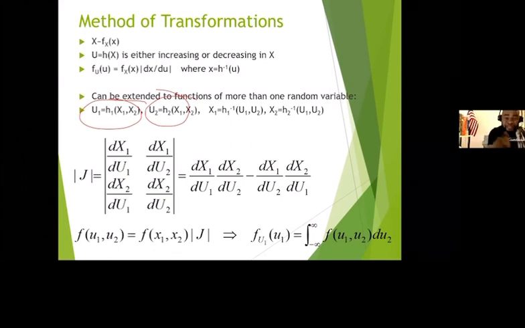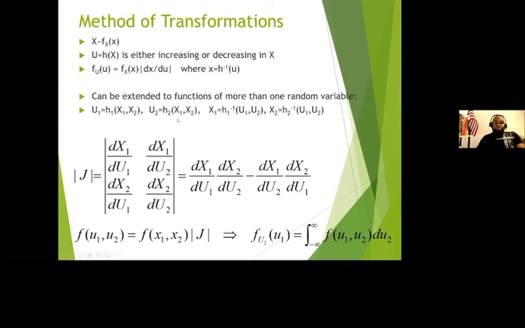But at the end of the day, I'm going to integrate the one I introduced out. Since what I'm looking for is u1, and I was the one that created u2, why do I create u2?